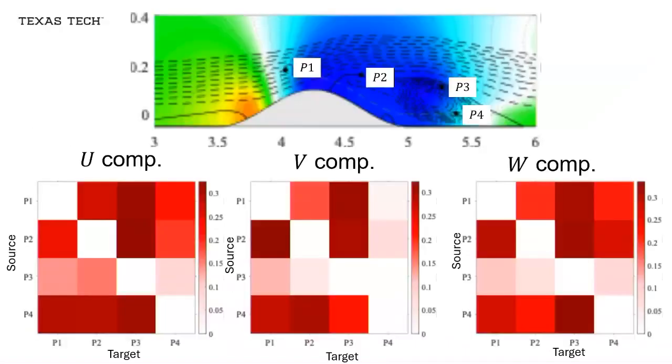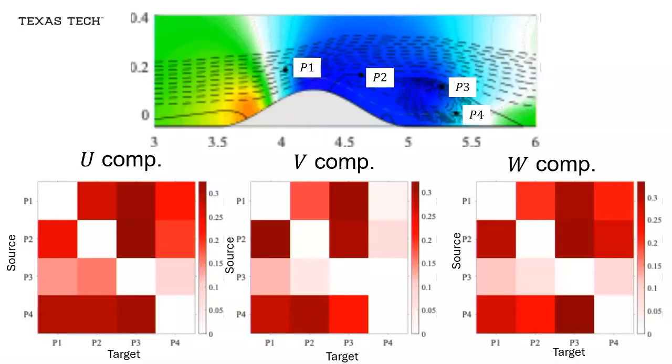So this is what we did. We want to establish causal relationships between the unsteadiness of the separation bubble and what is happening upstream of it, where we are dominated by dipoles, while here it is dominated by spanwise rollers, and how these two affect the reattachment unsteadiness of the separation bubble.